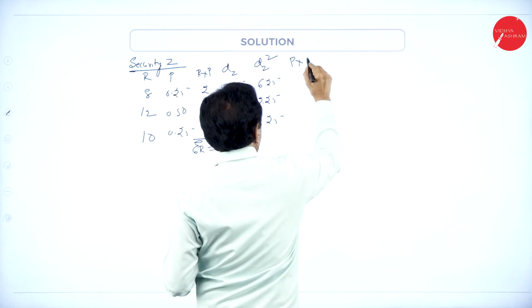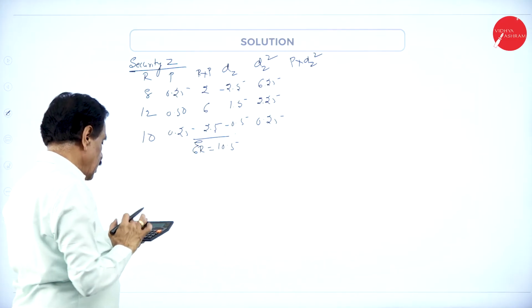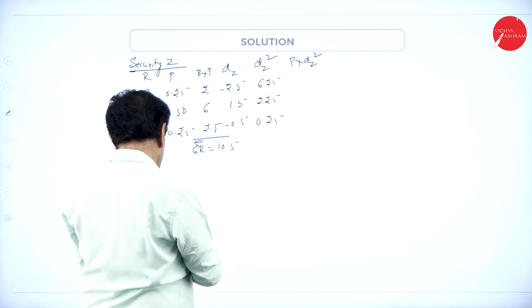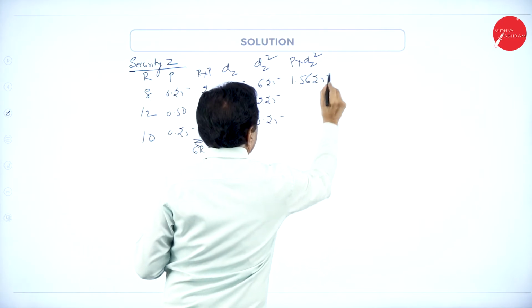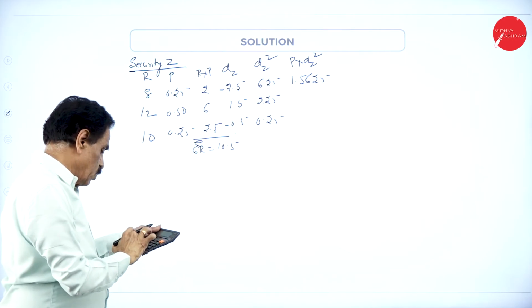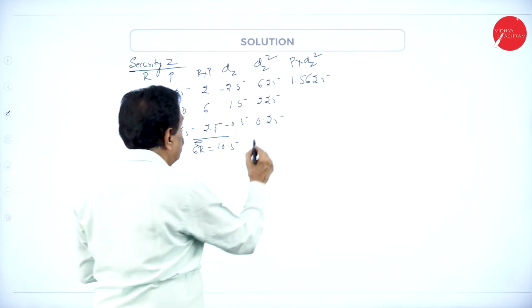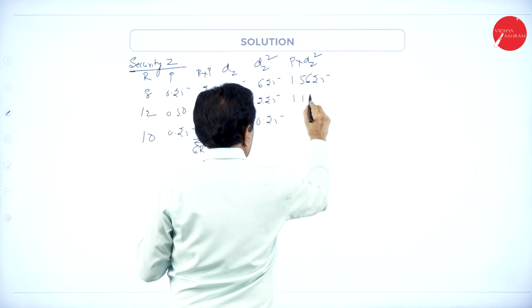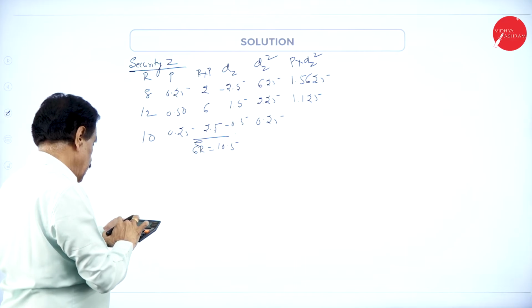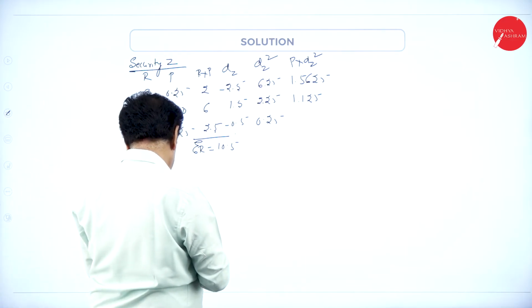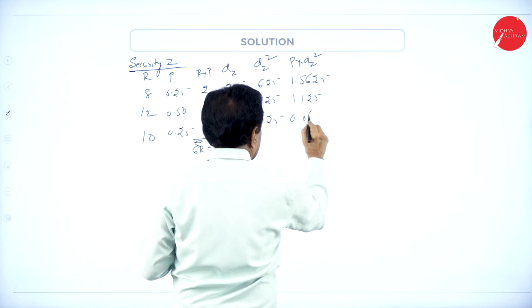Multiplied by p: 6.25 into 0.25 is 1.5625, 2.25 into 0.50 is 1.125, 0.25 into 0.25 is 0.0625.